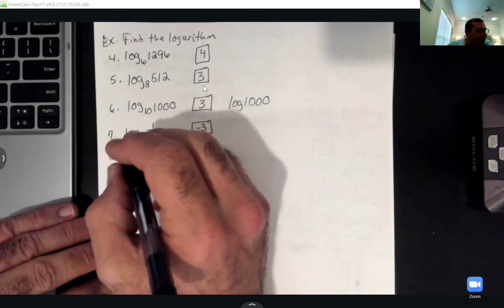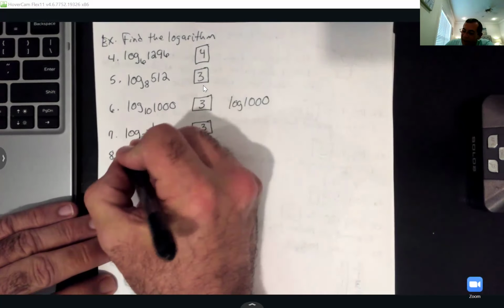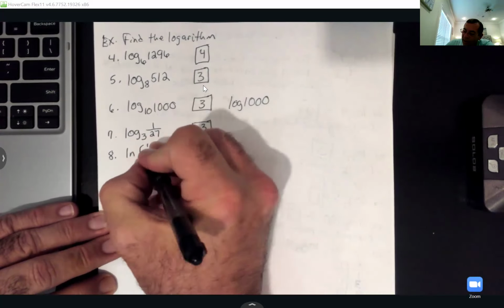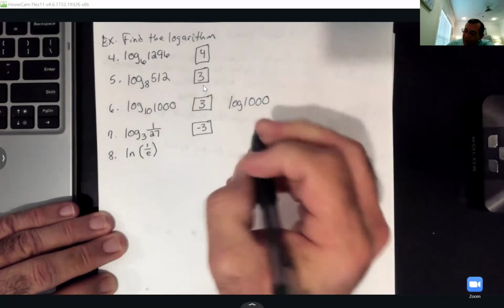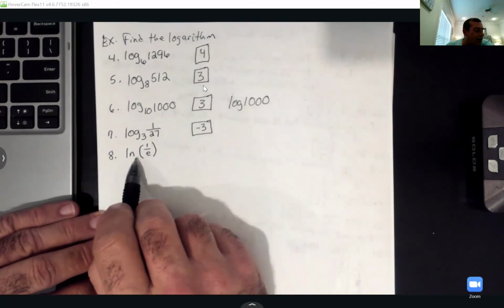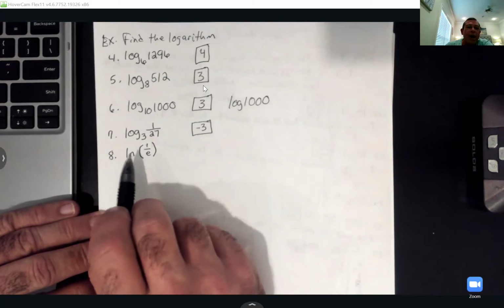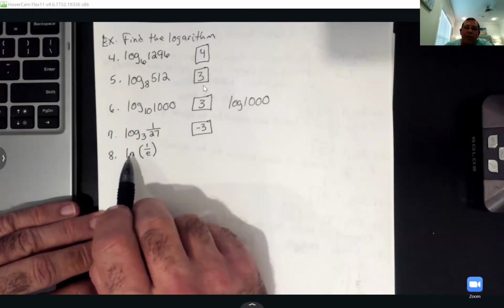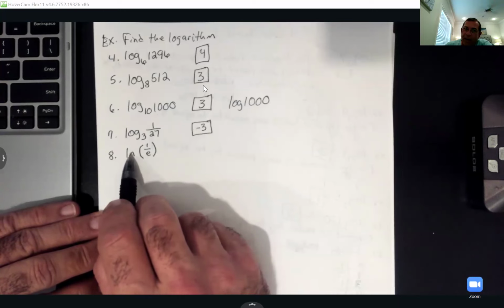All righty, let me try this one. ln of 1 over e. Remember, the ln is on the front of your calculator. Now, y'all, when y'all do these on MathLab and you got to write ln, use the little l and the n. It'll make it highlighted when you put it in right, okay?